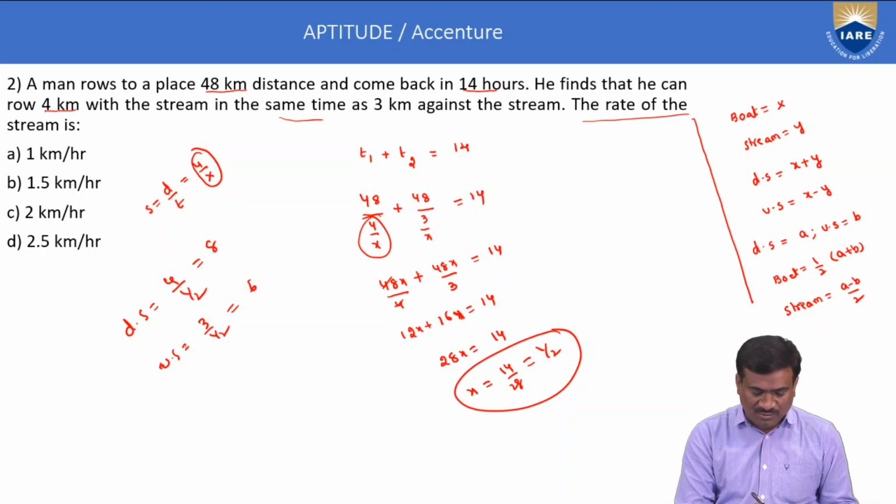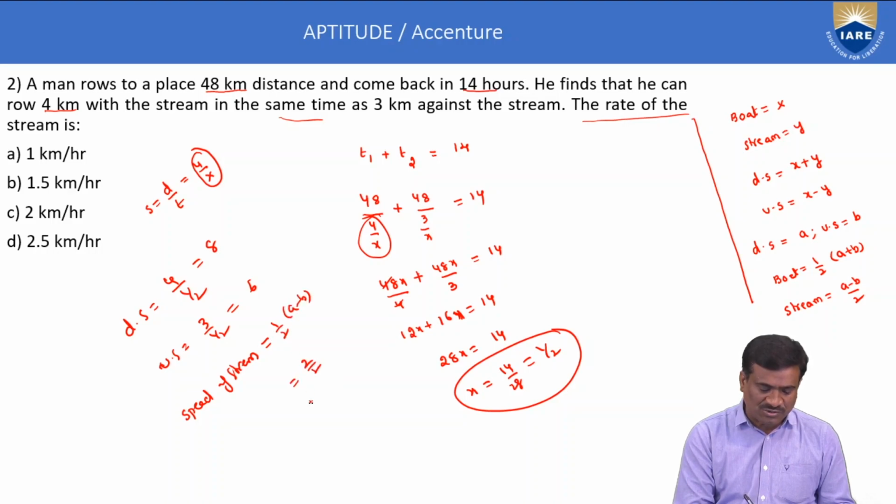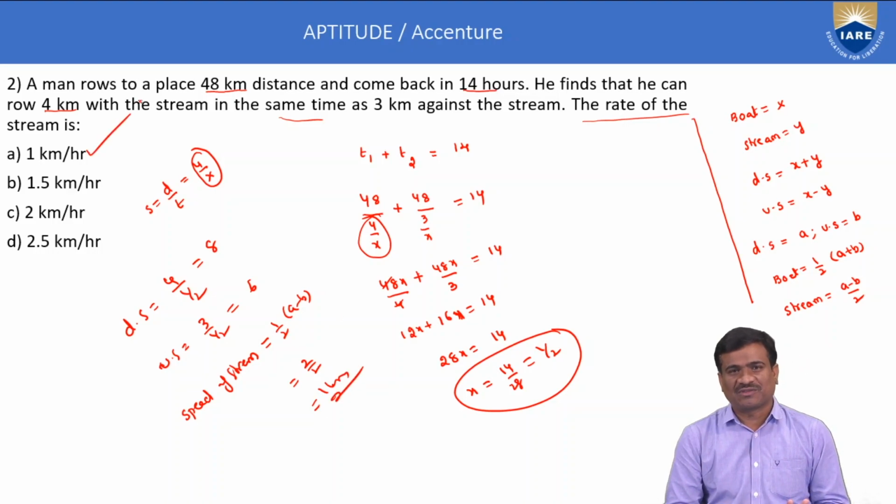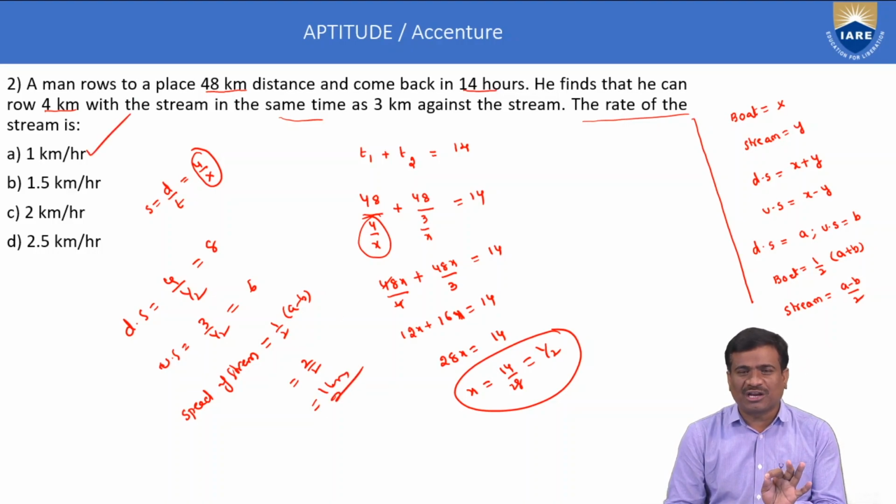The speed of a stream is (a minus b) by 2. By the formula, the speed of a stream or rate of current is half of (a minus b), which is 2 by 2, 1 kilometer per hour. Option A only is correct. This is the boat and stream topic method.